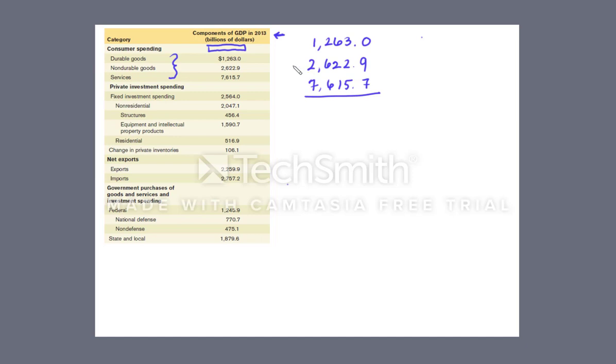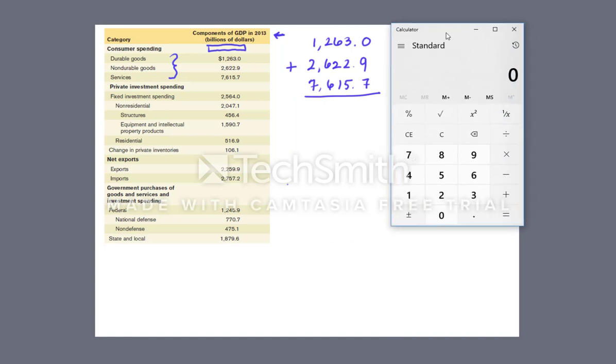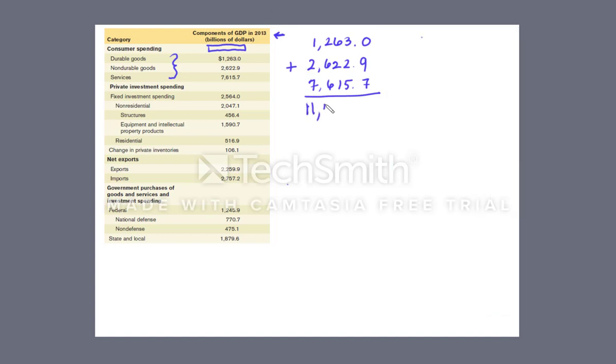So I'm going to get my calculator out and add 1263 plus 2622.9 plus 7615.7, and what I get is 11,501.6. So 11,501.6 billion dollars is consumer spending in 2013.